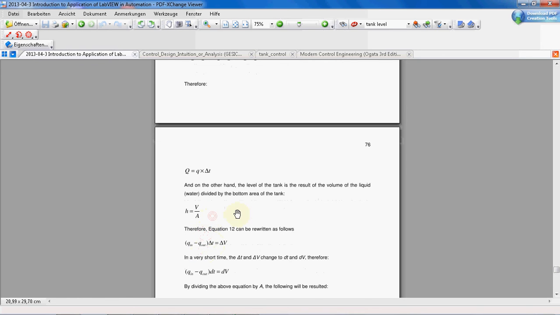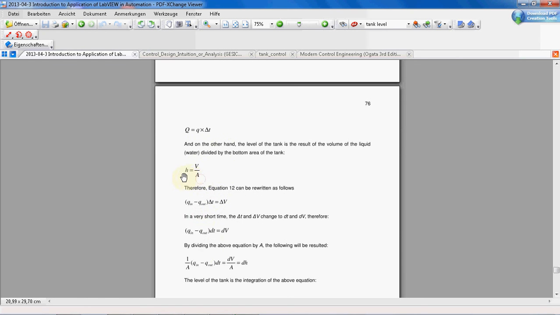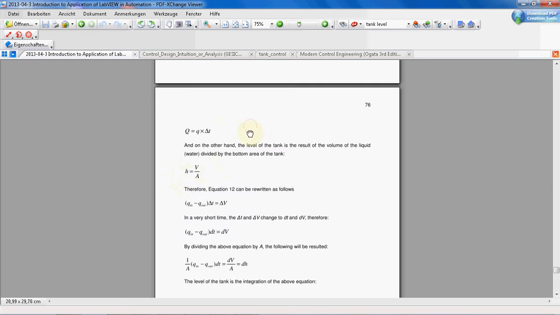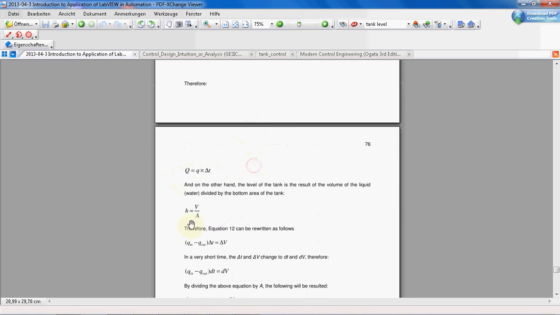You have to just imagine, it is not difficult to understand it. And we can also say the level of the water in the tank is equal to the volume of the water divided by the surface area of the tank, actually the bottom of the tank.